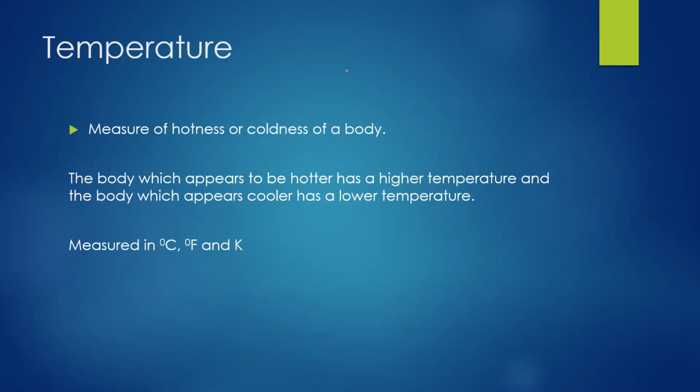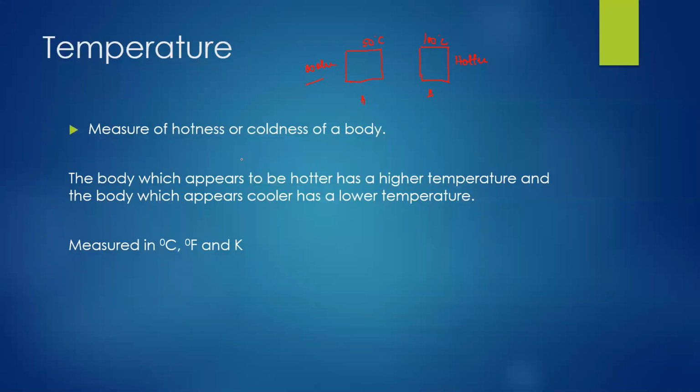So if I say that I have a particular body A, which is maintained at a temperature of 50 degrees Celsius, while I have another body B, which is maintained at a temperature of 100 degrees Celsius, since this body has a higher temperature, it is going to be hotter, while since this body has a lower temperature, this is going to be cooler. So that's how you understand the concept of temperature. It's basically the measure of hotness or coldness of a body.